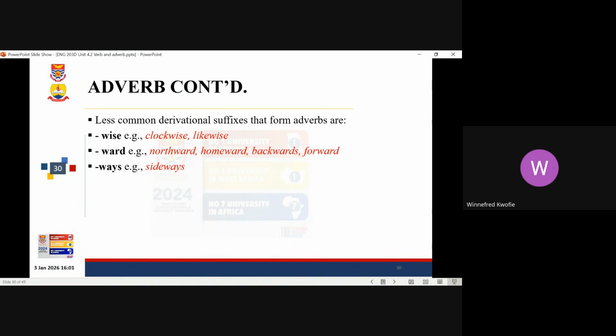There are other suffixes that also indicate that some words are adverbs, but they are not common. Something like "-wise" as in clockwise, likewise; "-ward" as in northward, homeward, backwards; "-ways" as in sideways. But they are not common, like I said.